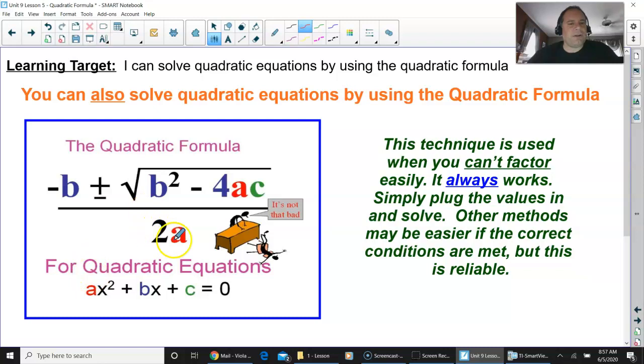So remember, a is right in front of the x squared, the b is in front of x, and the c is just a number alone. So you'll have to identify those variables before you use this quadratic formula.